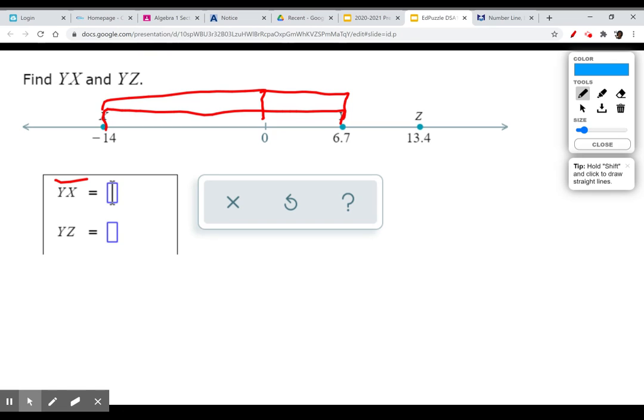For YZ, what letter is this? That's X. Okay. For YZ, you will not be crossing over. YZ's right there. So you'll be looking at the distance from here to here. So this is Y, just to emphasize. This is Z, and you can see X right there. Find the distance.